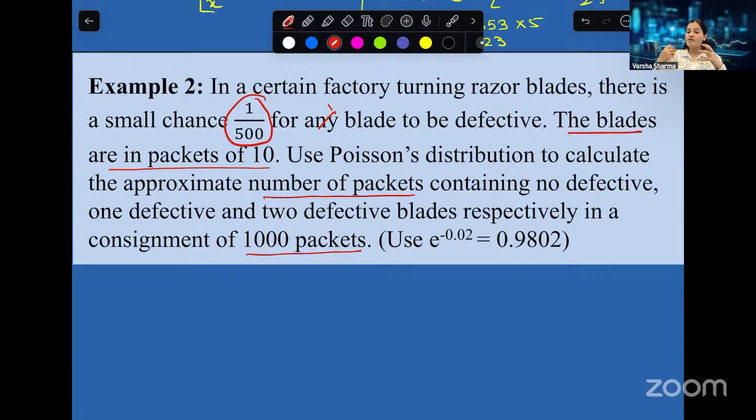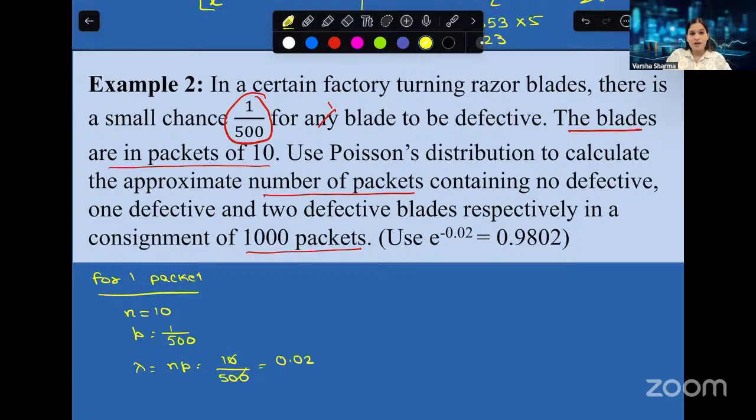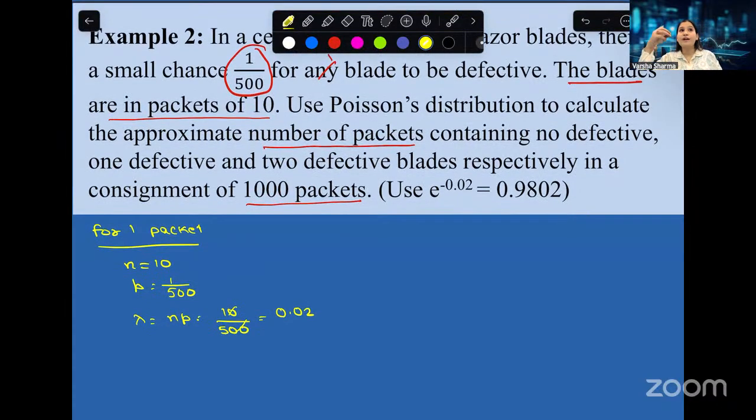Now to find the one packet probability, one packet has 10 blades. For one packet, the number of blades is 10 and the probability is 1 by 500. So the average value will be n into p, which is 0.02. Or, one blade has an average chance of 1 by 500, 10 will have 10 into 1 by 500. Since I want to find the number of something, I'll find the probability for 1 and multiply it by the total. Clear?